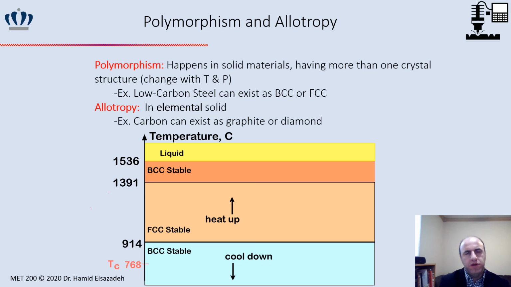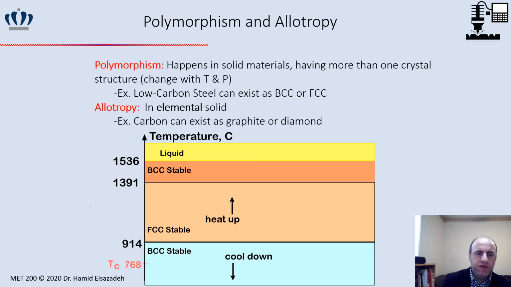Here we have 2 definitions which are important in material study. One is called polymorphism. It happens in solid materials that have more than 1 crystal structure. For example, steel, carbon steel, can have a BCC structure as well as an FCC structure. It depends on temperature and pressure.